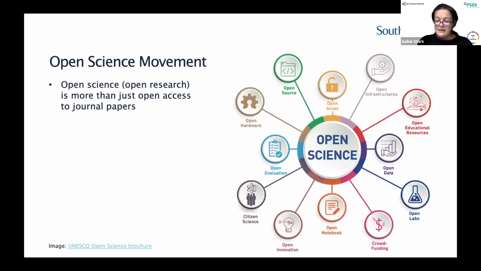But open science is more than just open access to journal papers. So the initial push was through repositories to open access to journal papers, either by gold open access, which is paid for usually by the authors rather than subscription forms, which is traditionally what academic publishing was like.